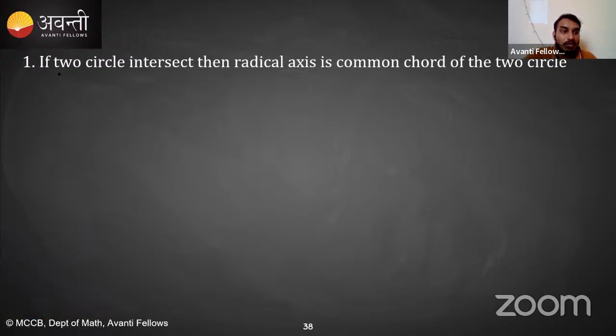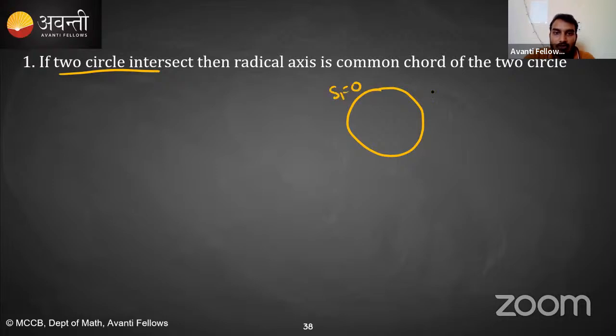It's saying that if two circles intersect, then the radical axis is the common chord of the two circles. Let's say this is a circle S1 equal to 0 and this is another circle S2 is equal to 0, and these two circles are intersecting at points A and B. So AB is a common chord.